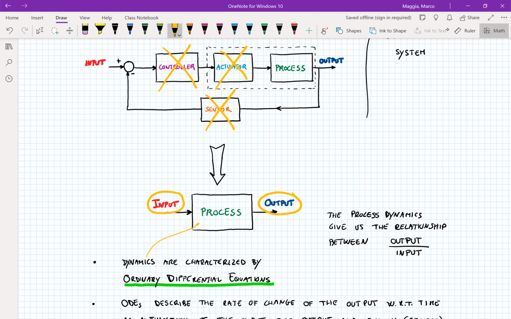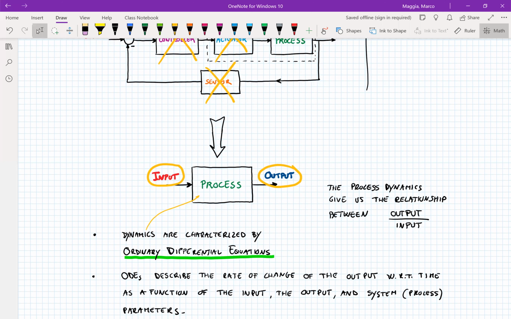Well, the process is described by dynamics. And dynamics, mathematically speaking, are characterized by ordinary differential equations. So the process can be modeled using ordinary differential equations.